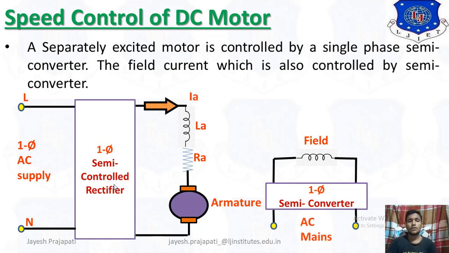If the current Ia flows from this semi converter, the polarity is plus minus, and here the polarity is plus minus, and the field current flows like this. So that is the basic figure for this example. You can see a separately excited motor controlled by a semi controlled drive in both the armature side and the field side.